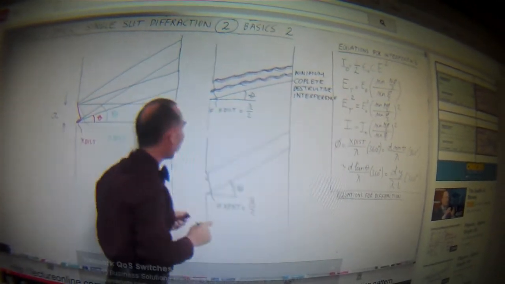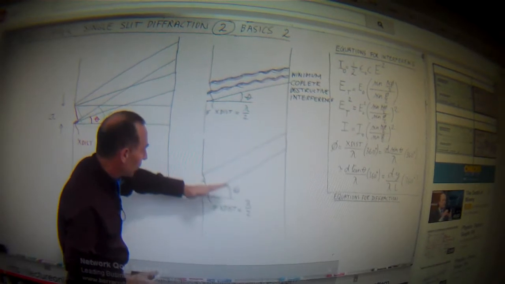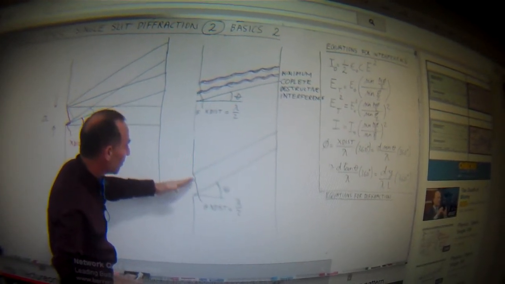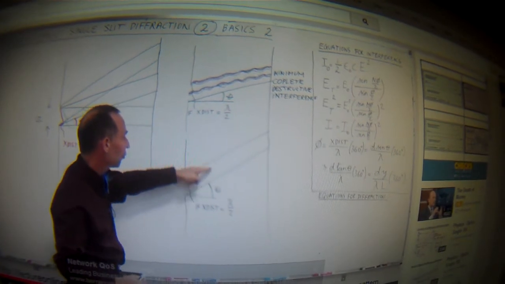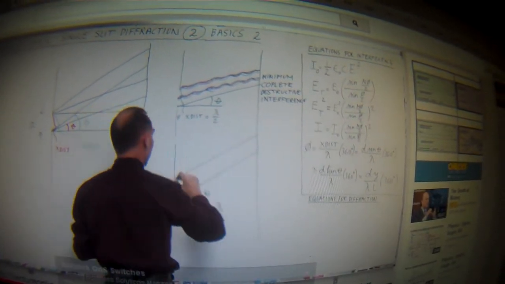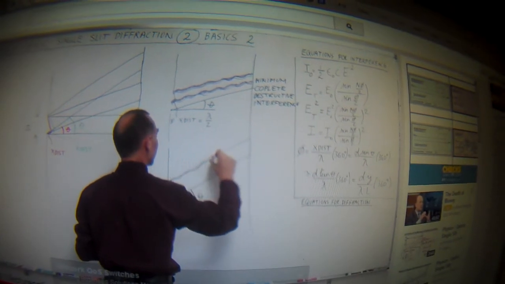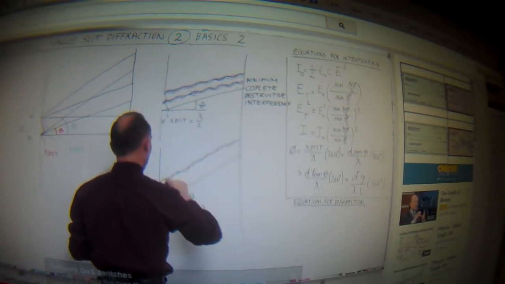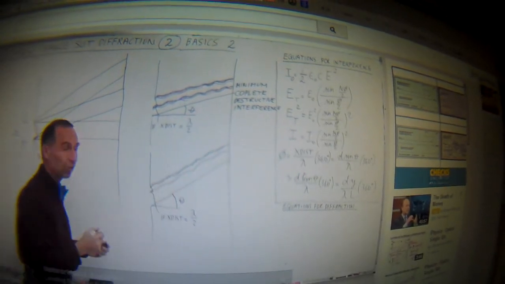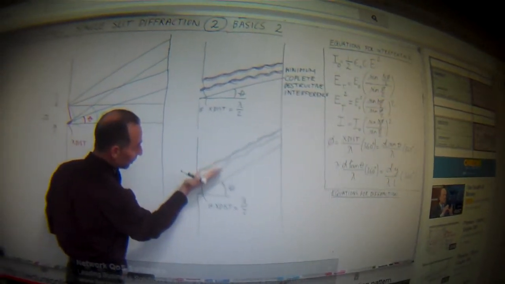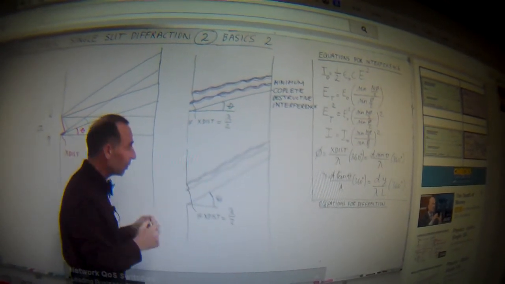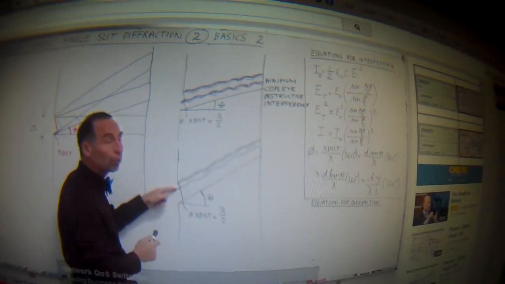Now what happens when you have a greater lookup angle like this? Now you realize you don't have to go as far into the beam before you hit a point where this portion of the beam will travel half a wavelength farther than this one. So again, you have the same principle, that this beam right here and this portion of the beam right here, they're half a wavelength out of phase, so they will cancel each other out. And the ray right below it will cancel out this one, and the one below that will cancel out this one. But let's say, for example, that this is only 1/3 way into the beam.